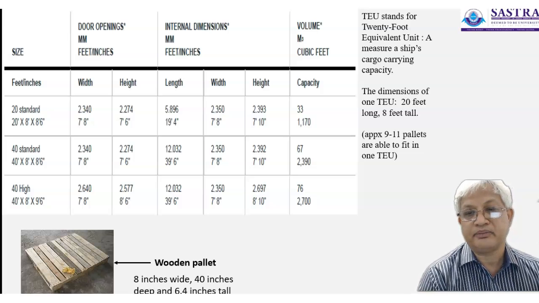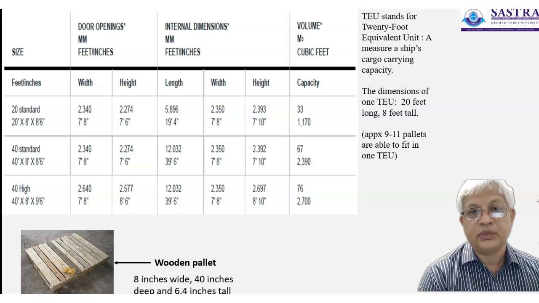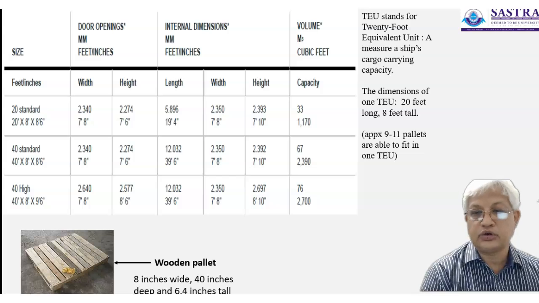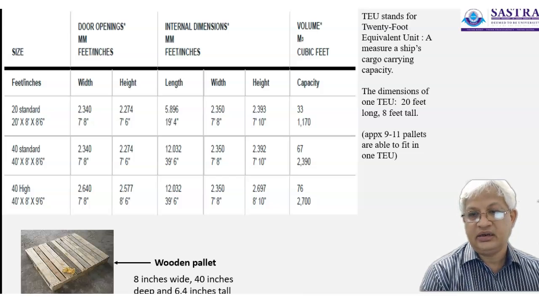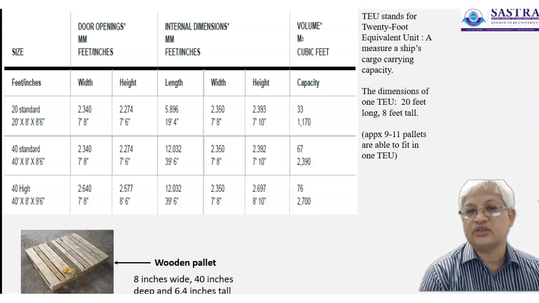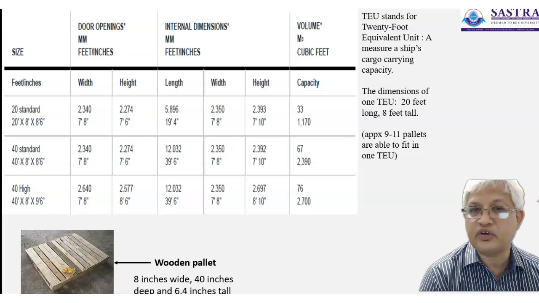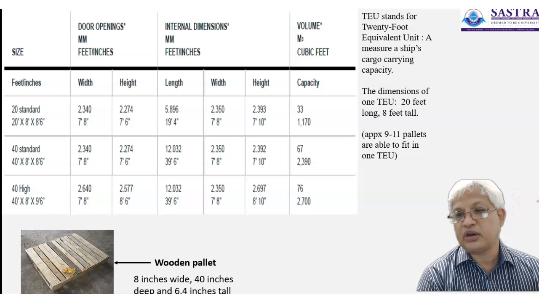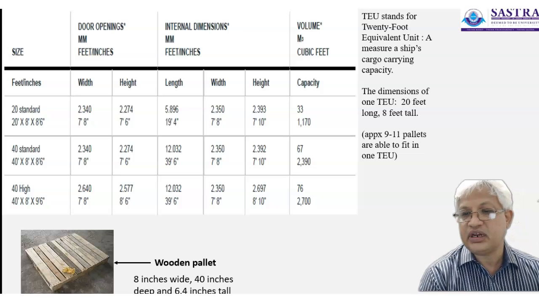Because in a container of, let's say, roughly 1,170 cubic feet, one company will pack the goods in cartons, and the total space all cartons will occupy may be just 500 cubic feet. What about the remaining 670 cubic feet?